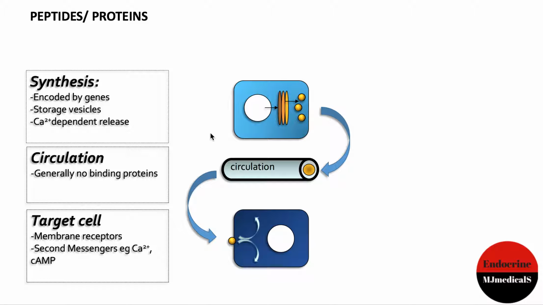Examples of these membrane receptors include receptor tyrosine kinases and G protein coupled receptors. And then when they bind to these membrane receptors, they cause secondary messenger molecules like cyclic AMP, which activates various other enzymes on the way, a cascade of reactions, which then bring about a biological response.